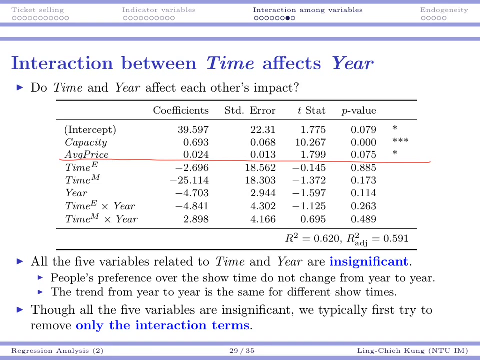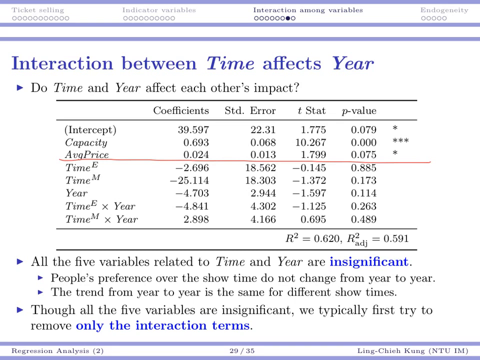Though all the variables are insignificant, we typically do not remove them at the same time, right? Here, if we remove all of them, we lose the information from time and year. That's actually useful. So you probably remember, if we only remove the last two variables, then time and year will go back to our model with a significant impact.